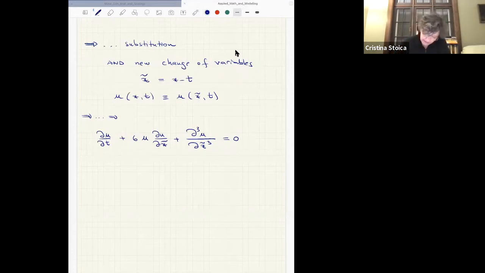And now this is the transform, right? So this thing is the adimensional form, if you want, of the KdV equation. Whereas what we started with, compare this with the dimensional form.